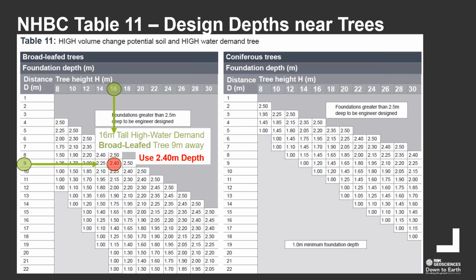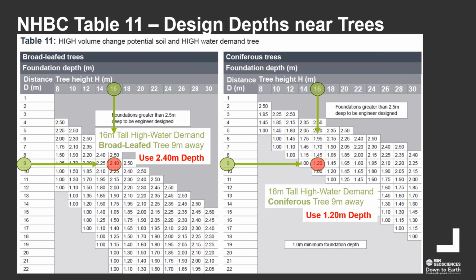Now, if you had a coniferous tree instead of a broadleaf tree, then again, the 16 meters tall tree, 9 meters away, I know that might differ because a coniferous tree was probably inherently going to be taller, but just to give the numbers here, this is suggesting that a foundation depth of 1.2 meters would be required.